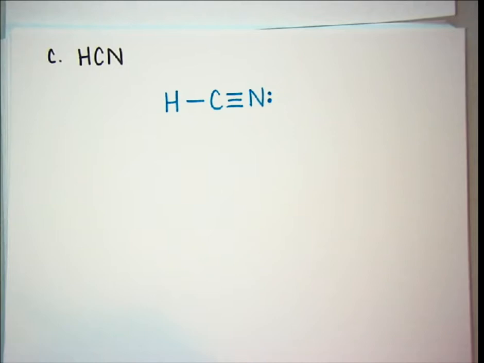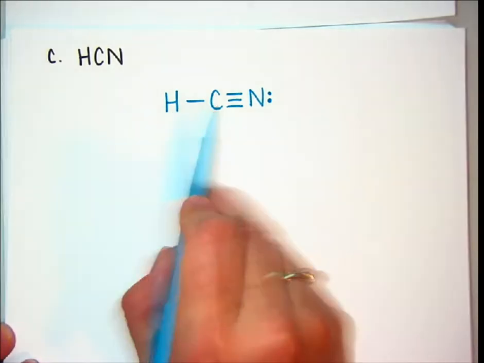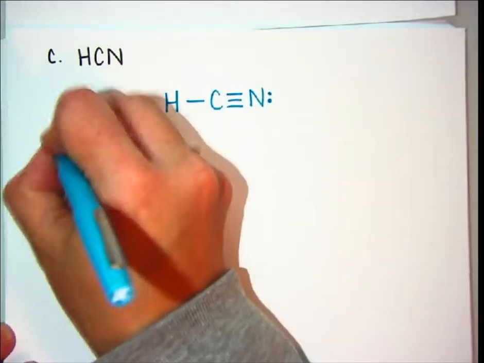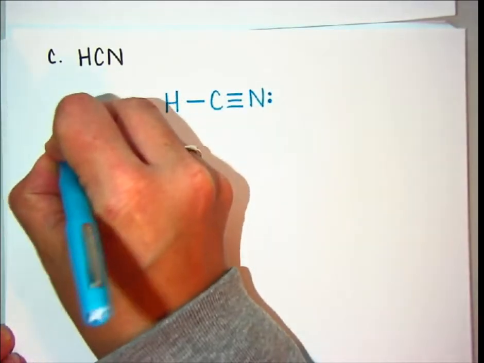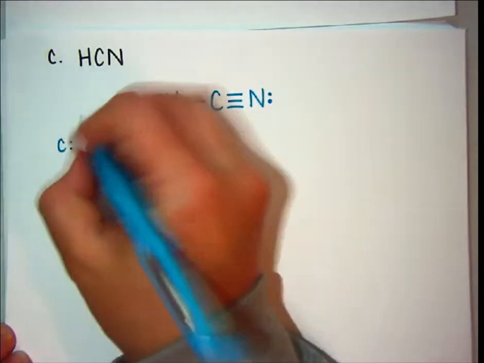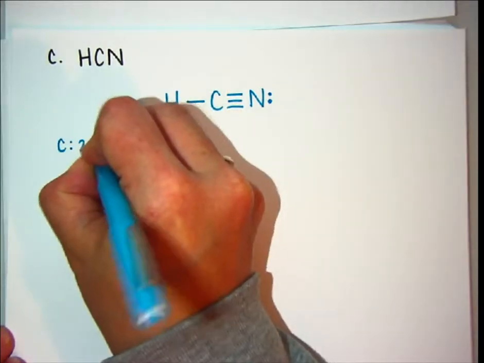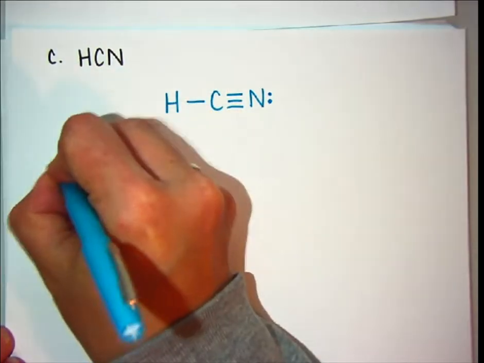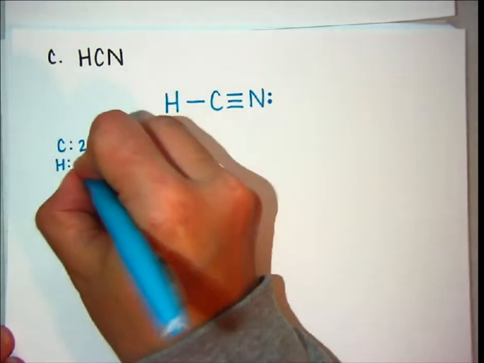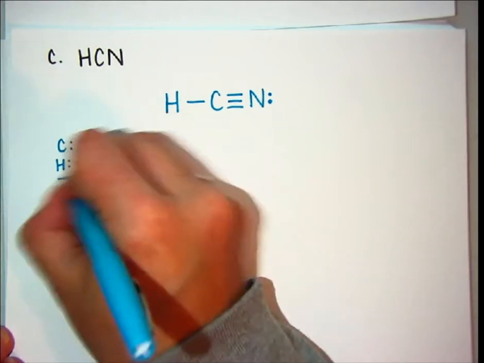Alright, so we have two different bonds that we can figure out if they are polar or nonpolar. So I have a bond between carbon and hydrogen. Carbon is 2.55. Hydrogen 2.10.